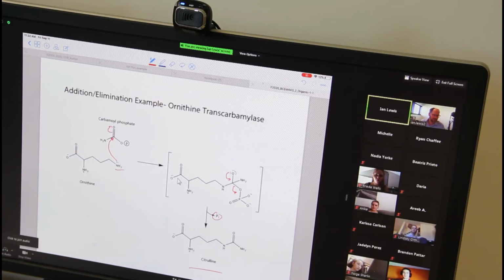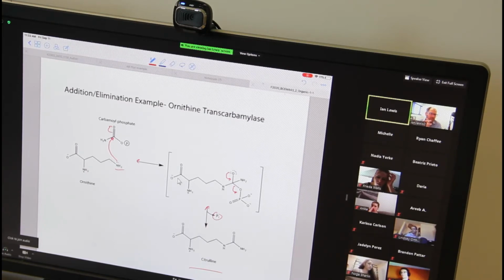Does everybody see how... do you have reversible reaction arrows for this reaction step? Yeah, these are definitely reversible. Most of the reactions that don't involve the loss of ATP are reversible.